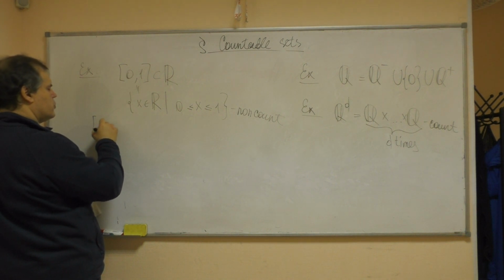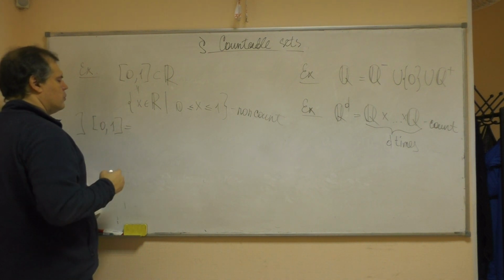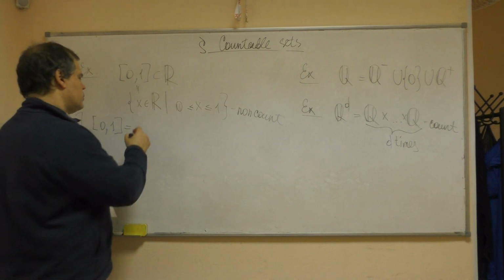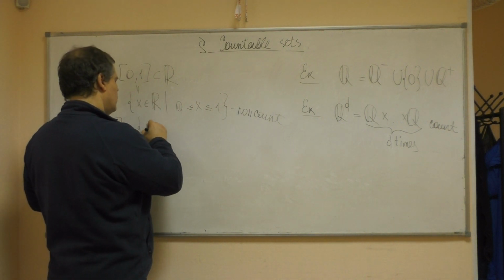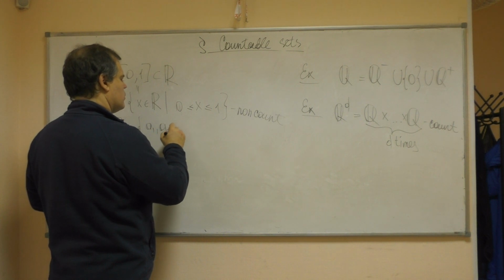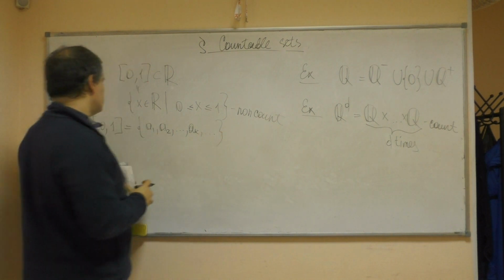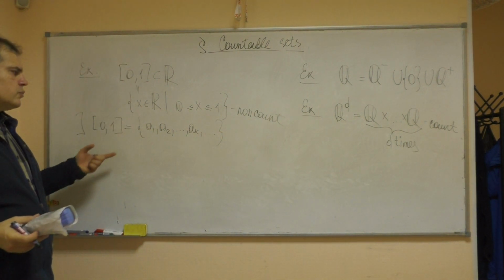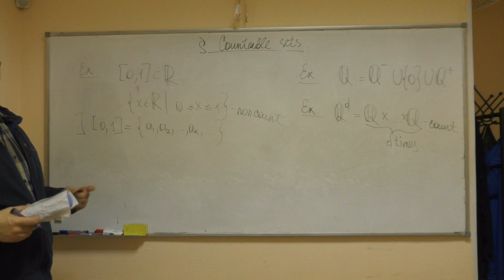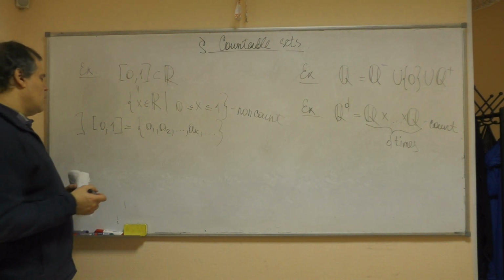We will use reasoning by contradiction. Let's assume that it is countable, so it can be represented as some sequence. Of course it is infinite, so this sequence also should be infinite.